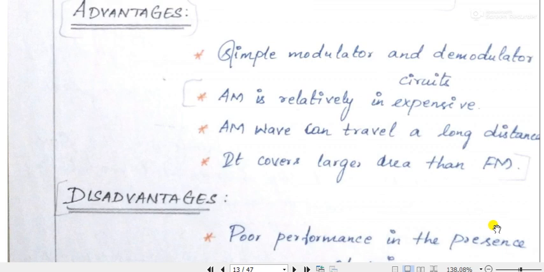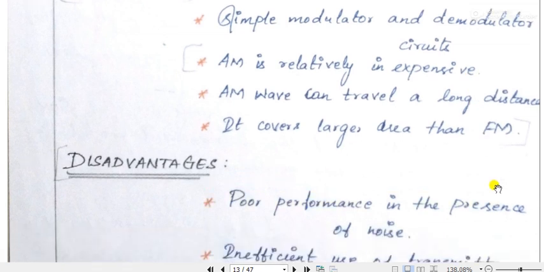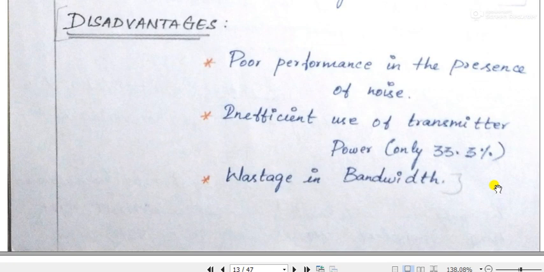Advantages of AM. Simple modulator and demodulator circuits are used for AM, AM is relatively inexpensive, and an AM signal can travel long distances and covers a larger area than FM. Disadvantages of AM.